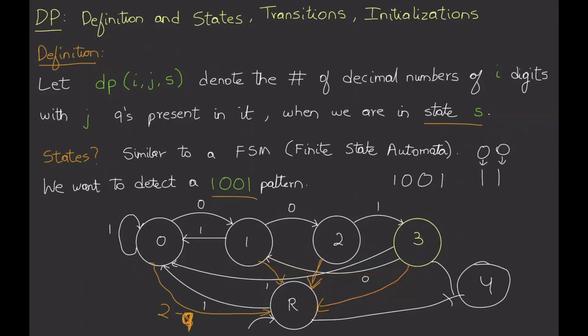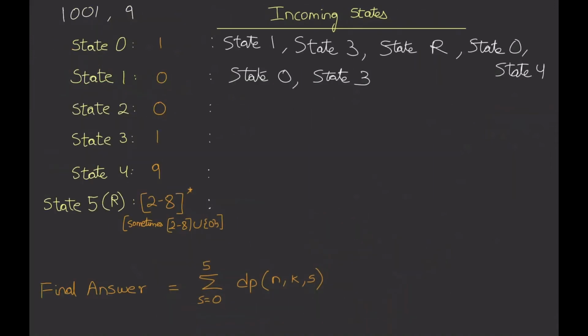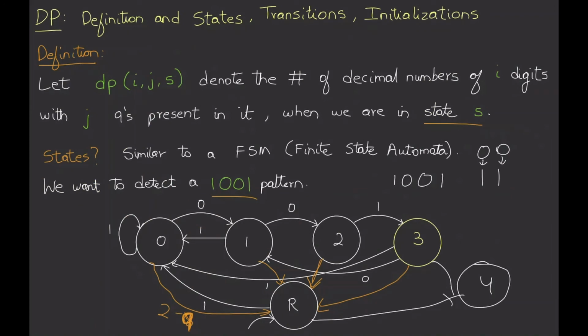But if I see a 0 after a 1, we go to state 1, and we can never go to state 2 directly because we need to see two consecutive zeros to reach state 2. Hence, there is only one possible state, state 1, to reach state 2. Next, finally, we are at state 3, our yellow state, and we can reach this state only from state 2 again.